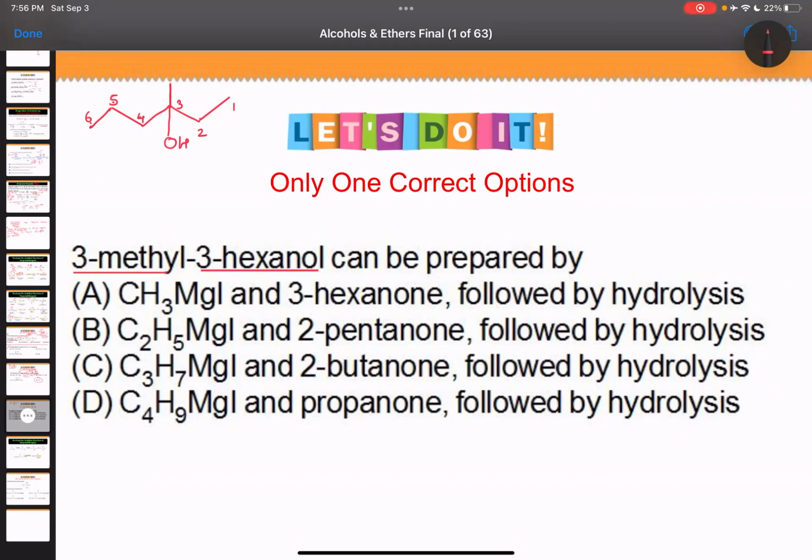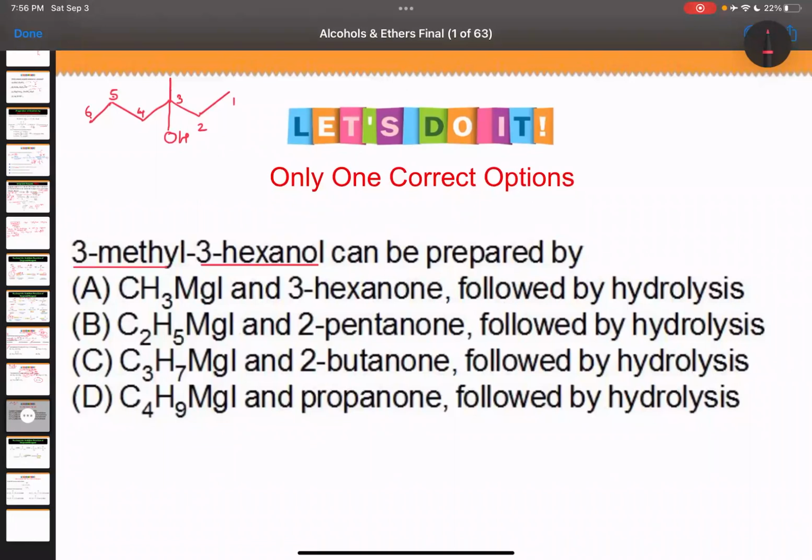So how can it be prepared? First of all, you need to take a ketone, because this is a tertiary alcohol. A ketone has two alkyl groups already present on the CO, and you can bring in one more alkyl group. So is 3-hexanone, upon reaction with CH3MgI followed by hydrolysis, going to give you this?